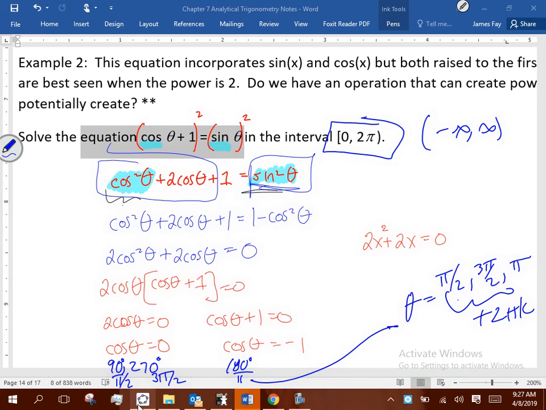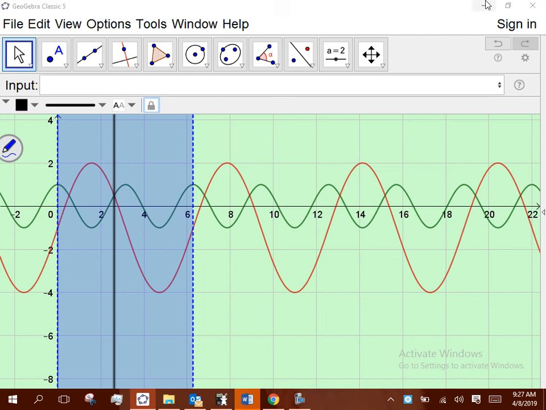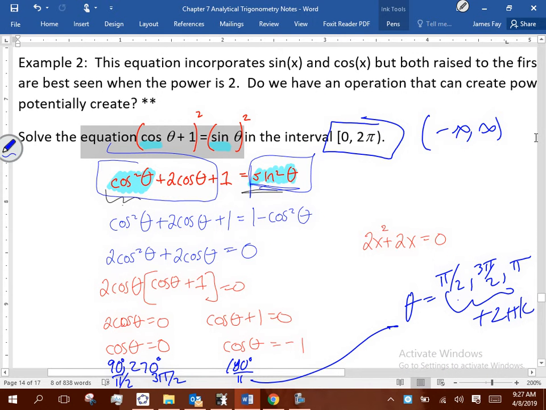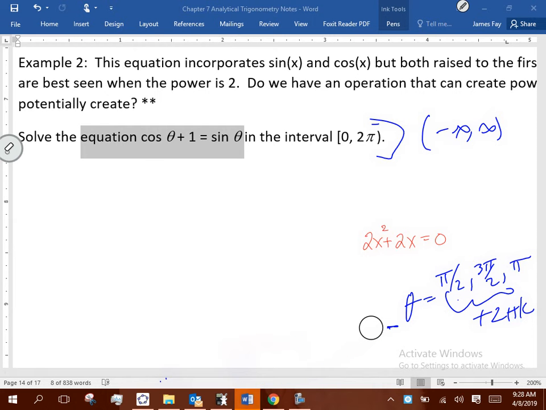Now let's take a look at this, because algebraically, guys, remember, whenever we square an equation, we can create extraneous solutions. We just squared an equation. There could be extraneous solutions here.